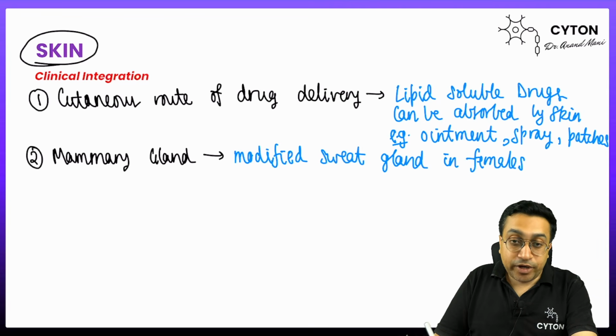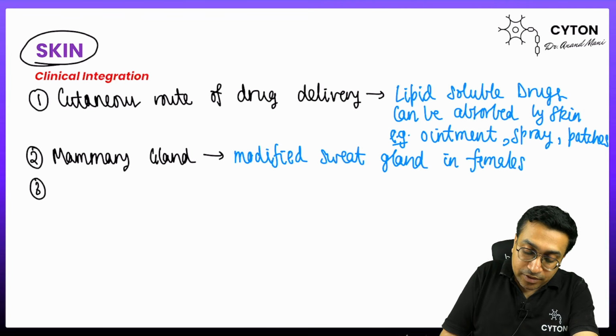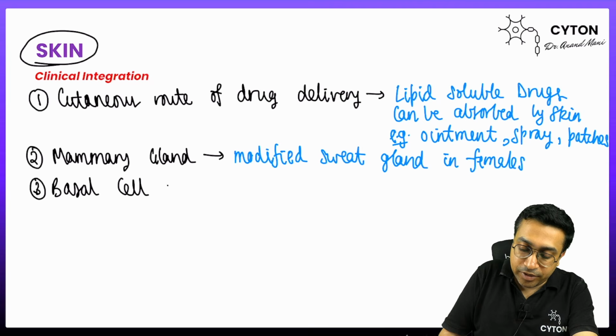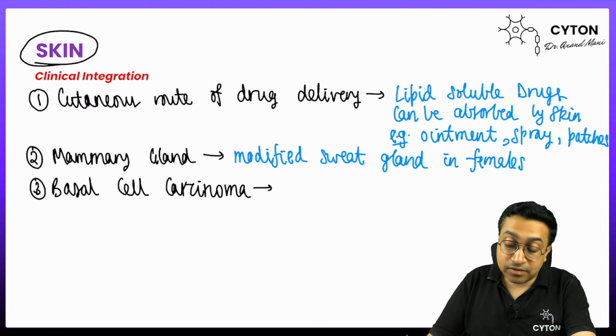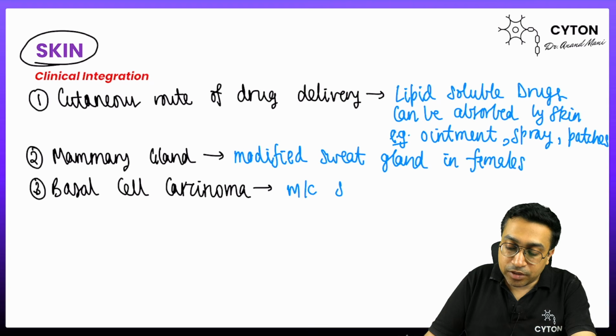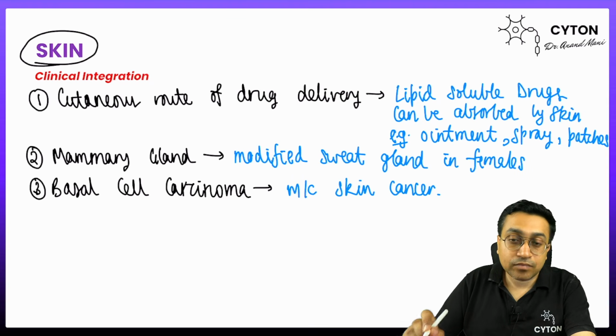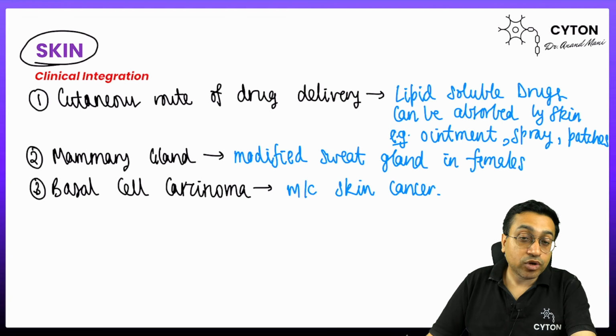Then the third point, that is the basal cell carcinoma. Now basal cell carcinoma, what is this? This is the most common skin cancer. It can arise from the trichoblast or folliculo-sebaceous apocrine germ.